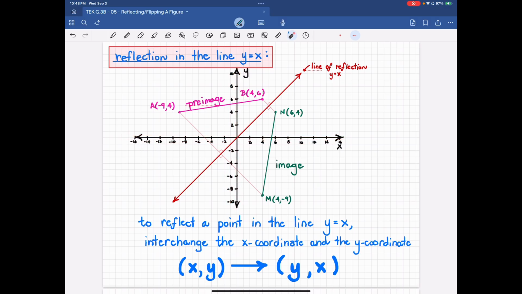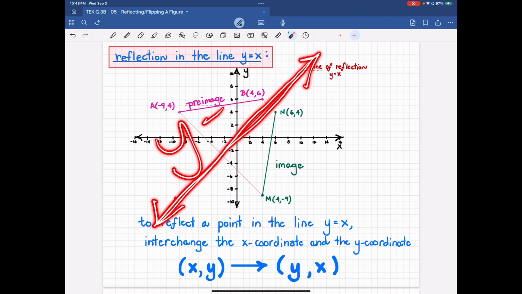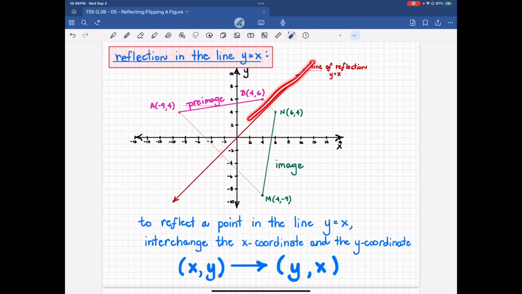And if you cut the first and the third quadrants in half, you're going to get this line right here, which is y equals x. I want you to look at this and memorize it. You have to know this. Yes, you have to know this. It's not on the formula sheet. You have to memorize it. You have to know that this is the line y equals x. Okay?